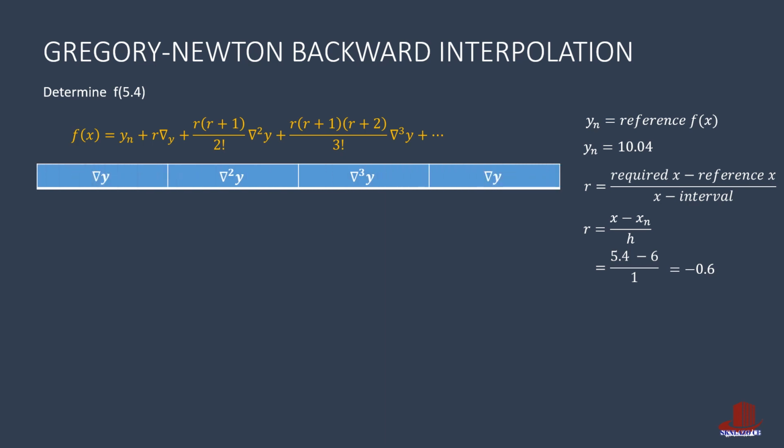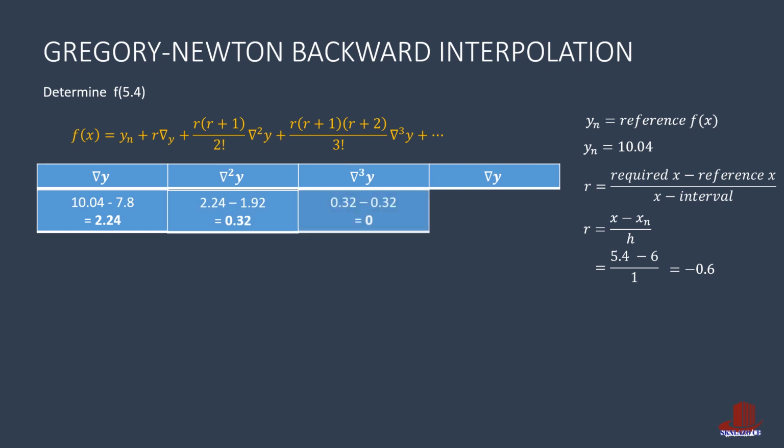For the nablas, we use 2.24 as nabla y, 0.32 for nabla squared y, and both nabla cubed and nabla raised to 4 use 0. Having all parameters identified, plug them into the equation, so f of 5.4 is y sub n of 10.04 plus negative 0.6 times nabla of 2.24.